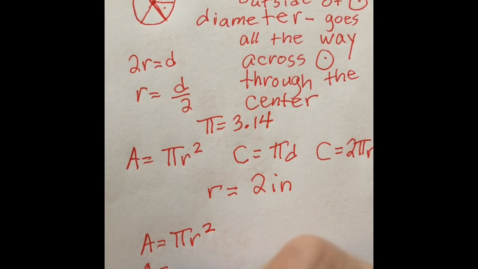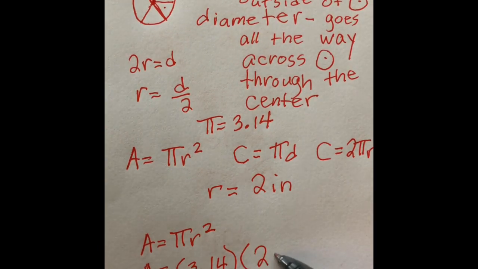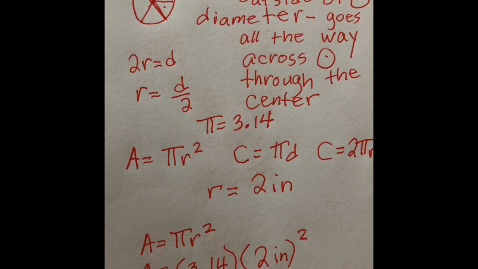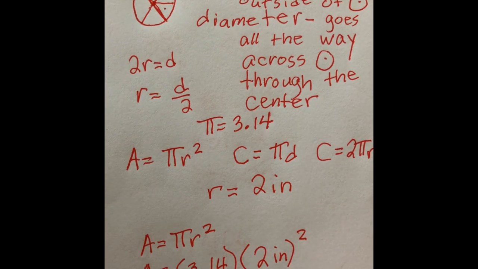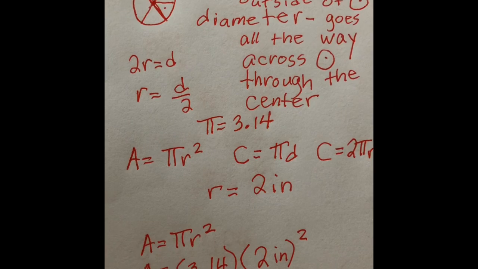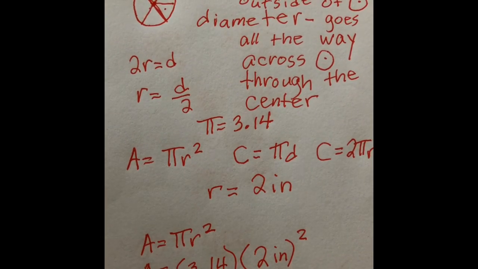So area equals 3.14 times 2 inches squared. All right, if you multiply that out, this is going to be area equals 3.14 times 4 inches squared.